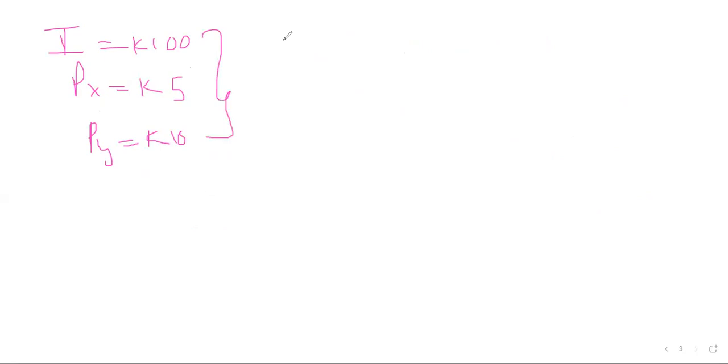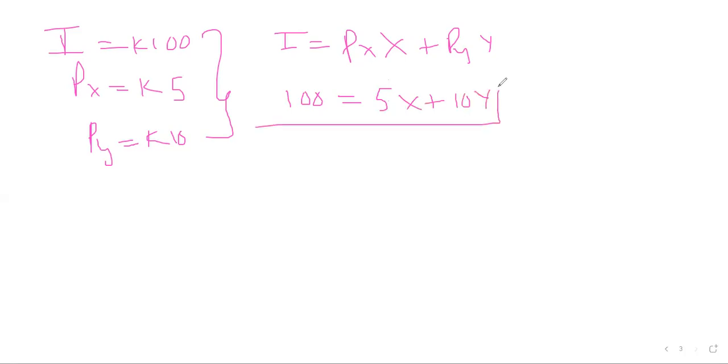How do we write the budget line? Income is equal to the price of good X times X plus the price of good Y times Y. So this would be 100 is equal to 5X plus 10Y. This is our budget line. How do we plot it? You get the intercepts. The number before the X is 5, so 100 divided by 5 gives you 20.